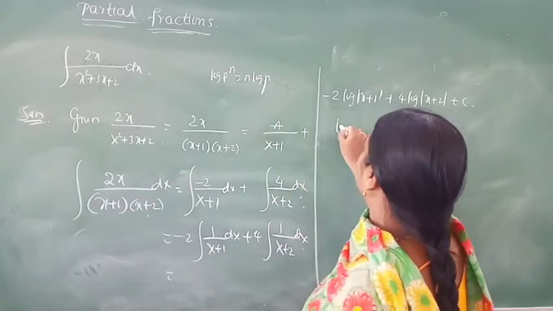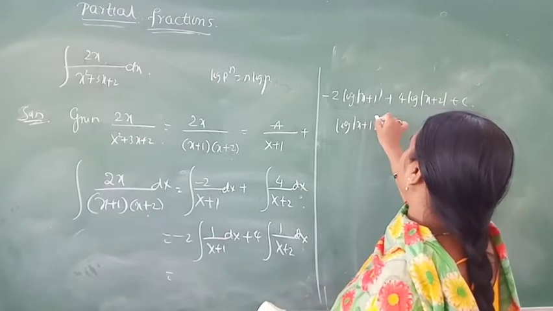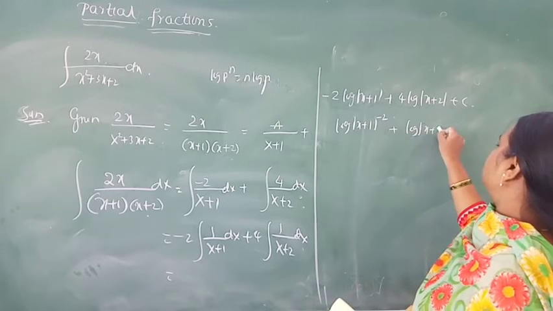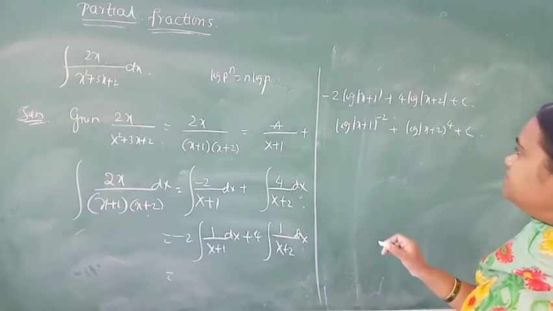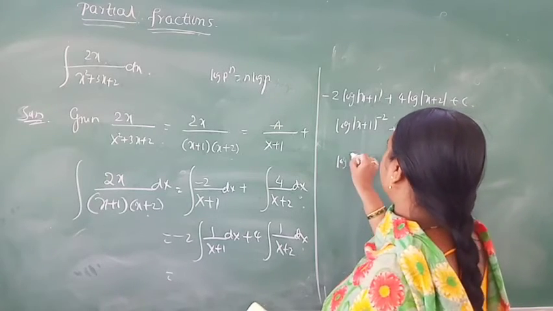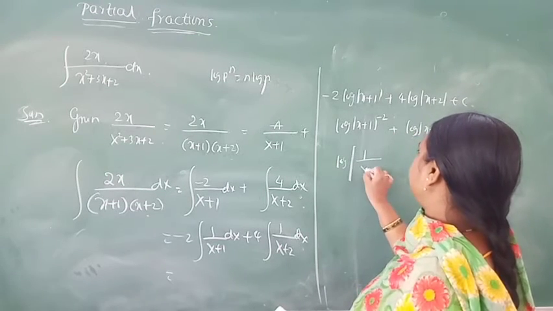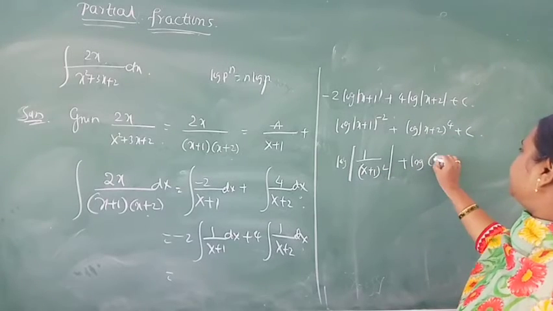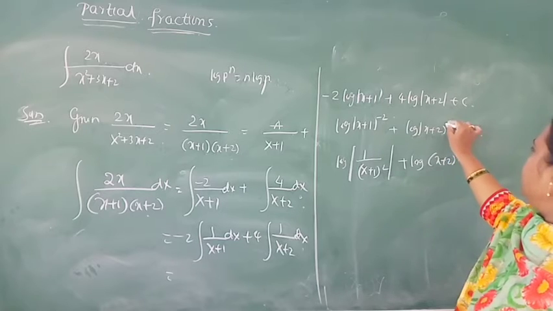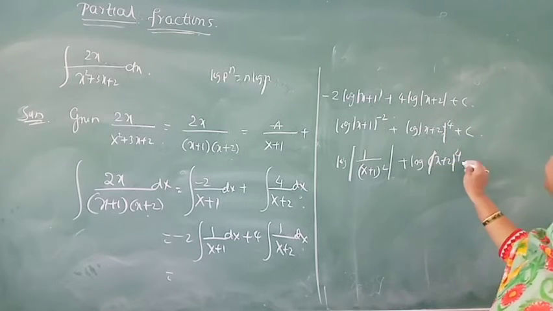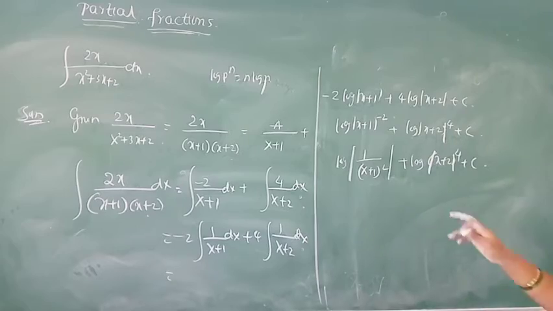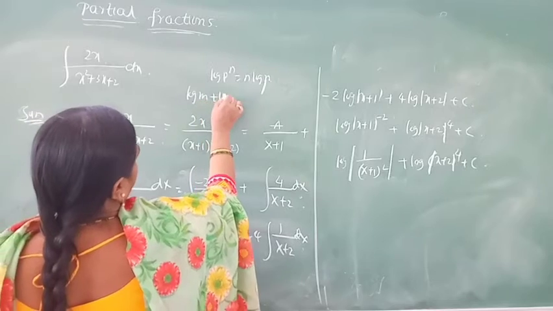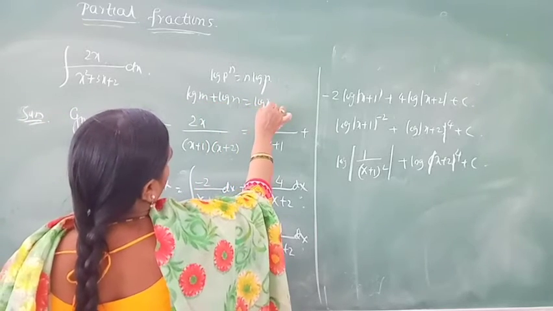Use that one. Minus 2 we can write as log of x plus 1 to the power minus 2, plus log of x plus 2 to the power 4, plus c. Then we can write, because of minus, 1 divided by x plus 1 the whole square, plus log of x plus 2 to the power 4, plus c. And log m plus log n we have the formula, that is log of m into n.